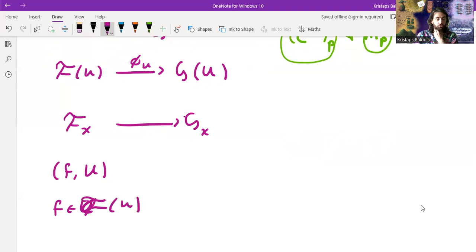So then what I can do is I'm going to define a map phi sub x, and what am I going to define it to do to f and U? Well, that's pretty simple, right? I can just simply take it to the equivalence class determined by phi at U, right?